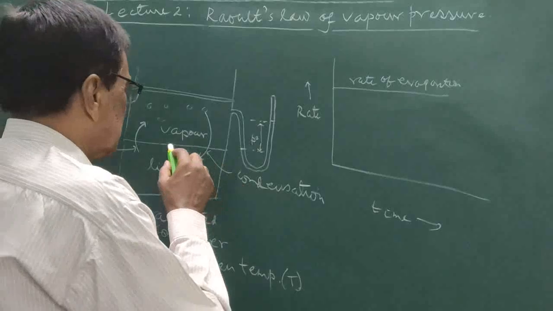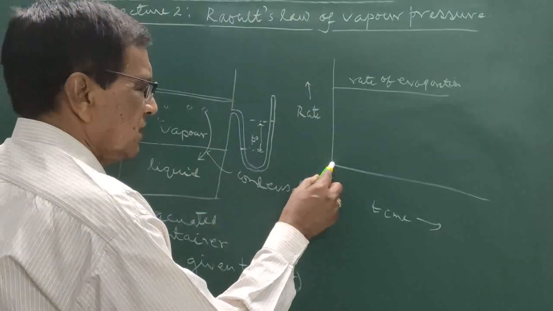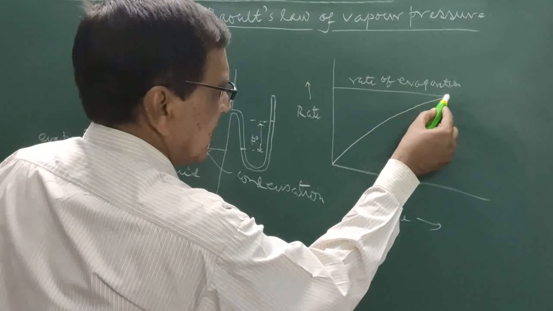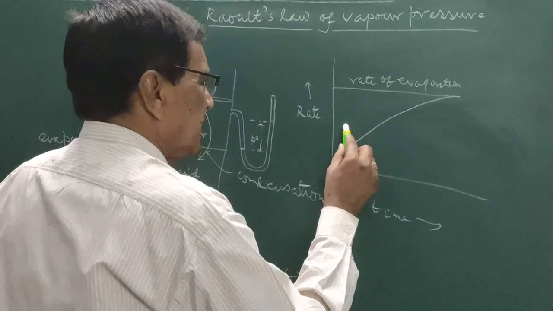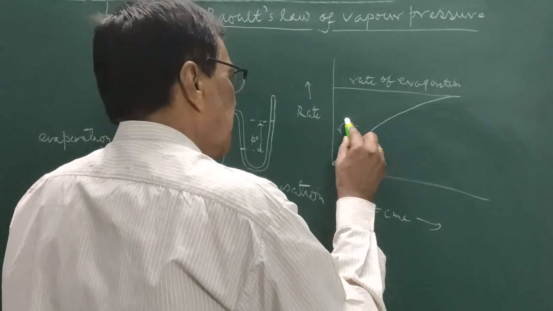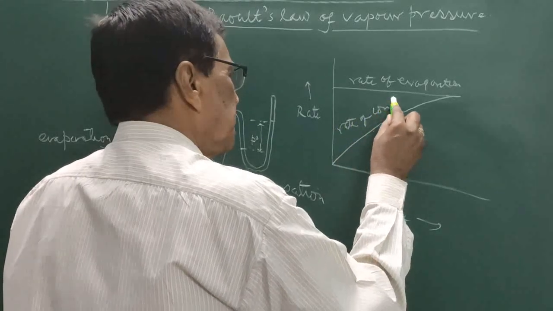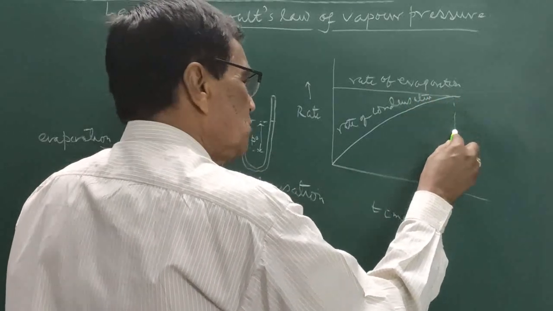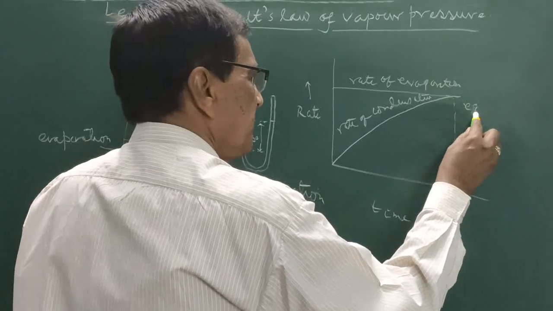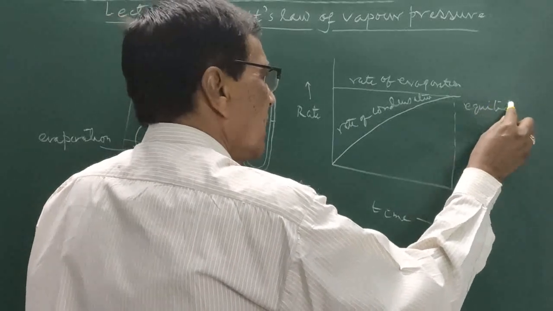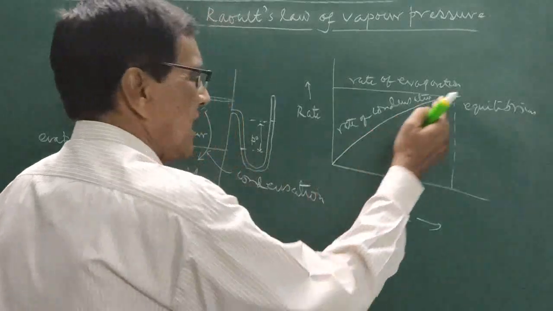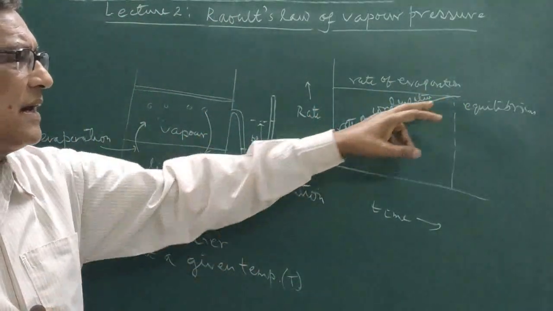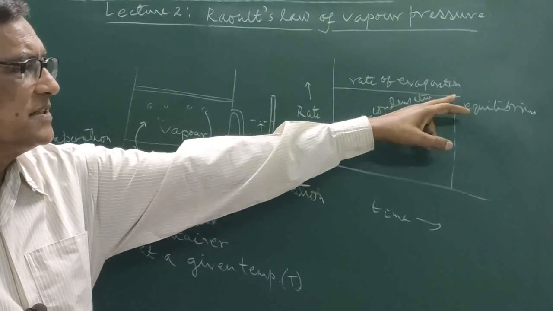So the rate of condensation will start from 0 and it will increase. This one is the rate of condensation, and this one is the equilibrium. At this time, the system attains equilibrium. Rate of evaporation and rate of condensation become the same whenever these two curves are touching each other.